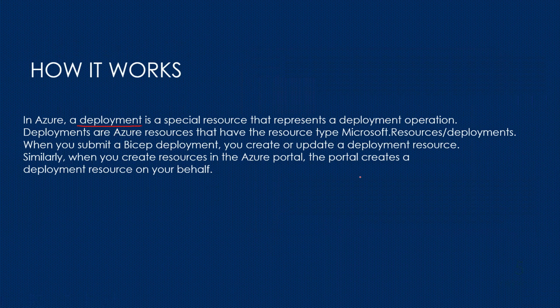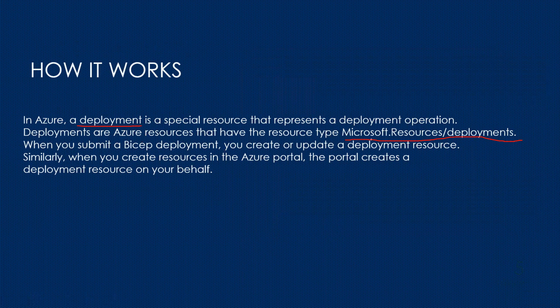And you might have seen in Azure ARM templates as well the resource type Microsoft.resources/deployment when you are trying to deploy it. So basically, whenever you try to deploy your bicep file, in the backend it will create an ARM template with a nested template for your resource, and then it will automatically create your deployment resource on your behalf, and it will deploy all your resources.